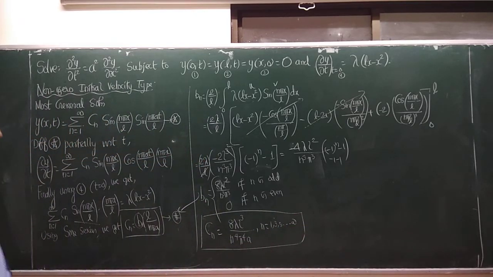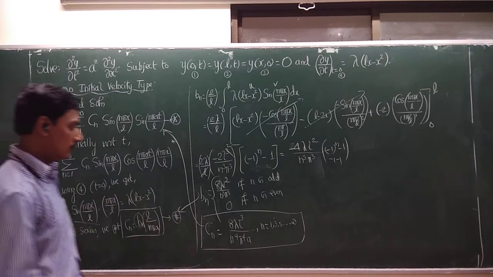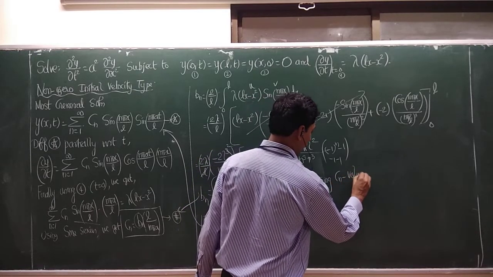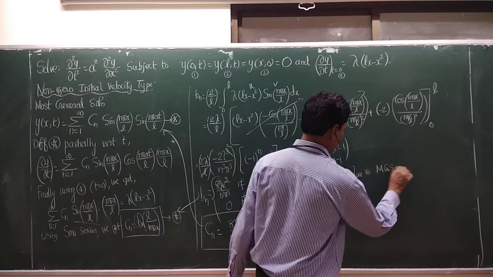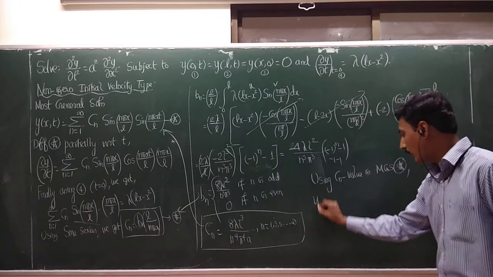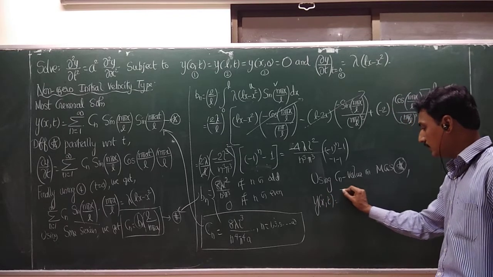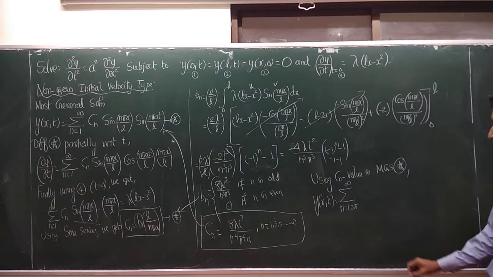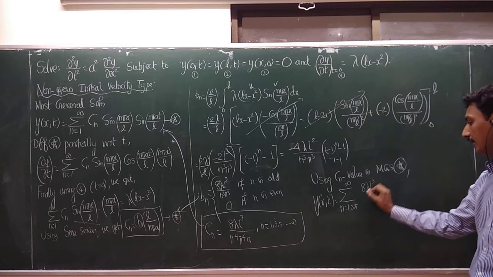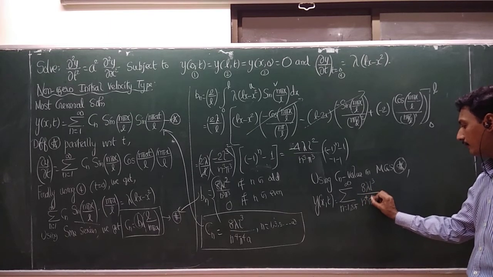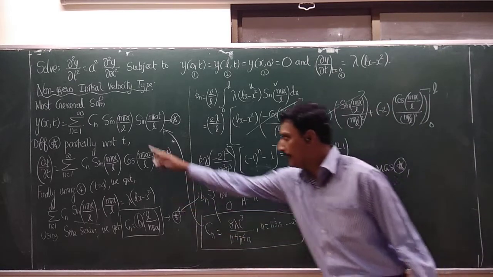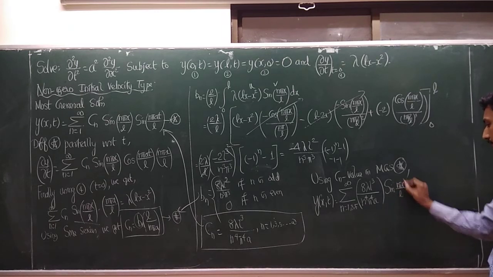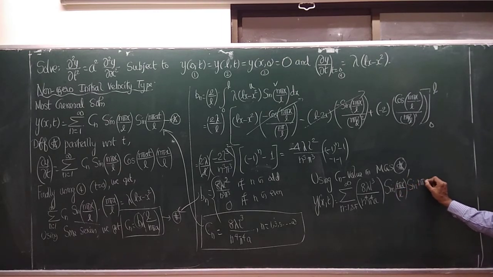Now, once we have found the Cn value, use it in the most general solution, the star equation. We get the required displacement function y(x,t) = Σ, where the Cn value is non-zero only for odd n, of 8λl³/(n⁴π⁴a) sin(nπx/l) sin(nπat/l).